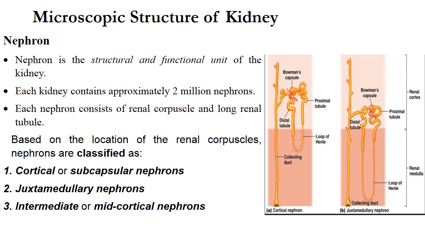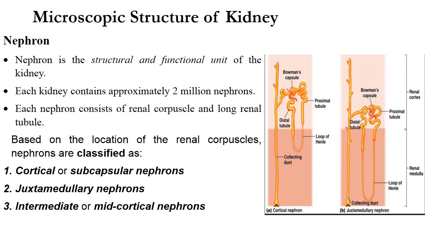Distal convoluted tubule connects to the collecting tubule, and based on the location of renal corpuscle, these nephrons are classified into three types based on the location. They can be cortical or subcapsular, then second is juxtamedullary, and third is midcortical or intermediate nephron.